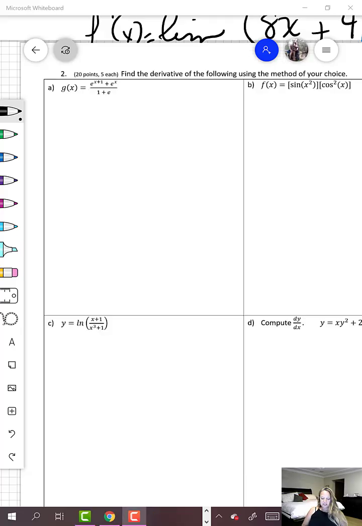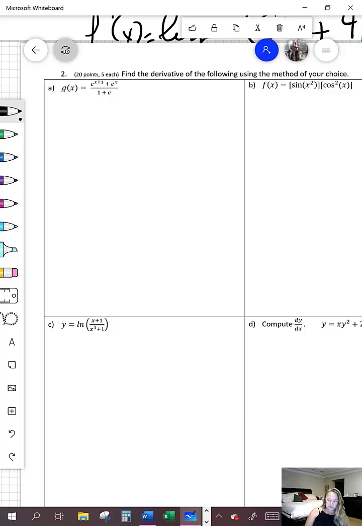So for question 2, we're looking at finding the derivative of the following. The first one, part A, we're looking at the derivative of g of x, which is equal to e raised to the x plus 1 power plus e to the x, all over the quantity 1 plus e. And so I noticed that we need to use the quotient rule.